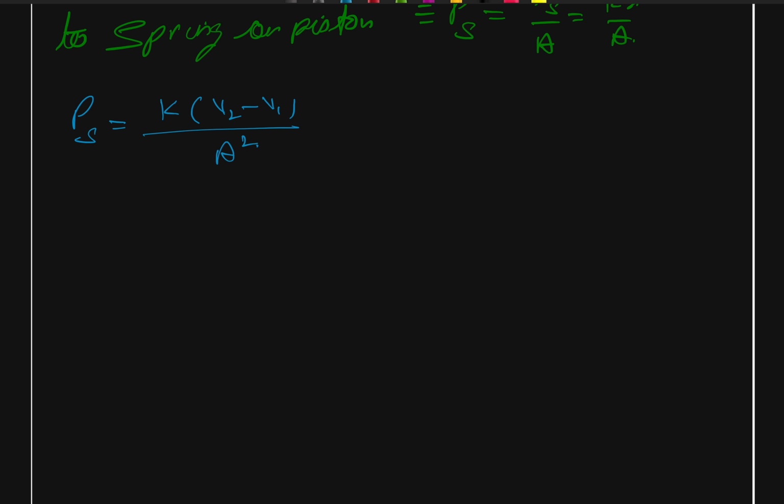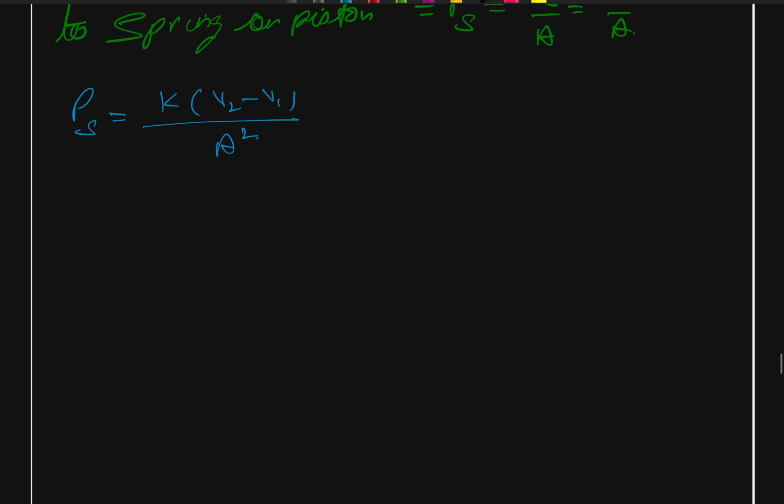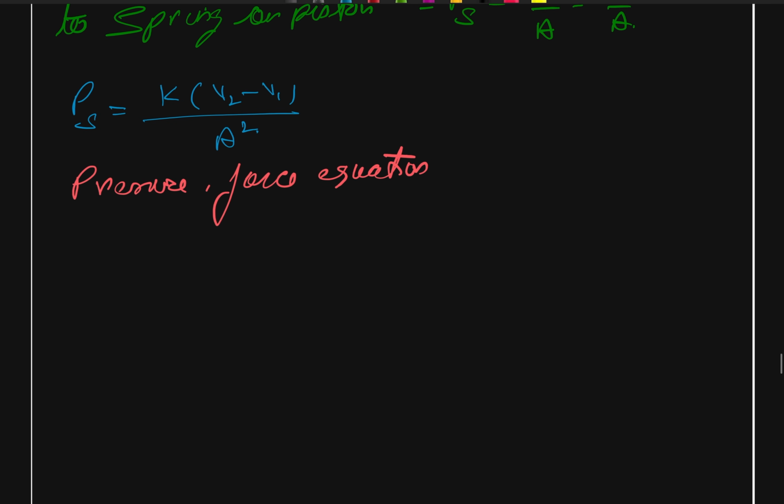So we can say the pressure force equation: internally we have P2 pressure and area A, which will be equal to P external times area A plus k times x, and we know that P external is equal to P1.